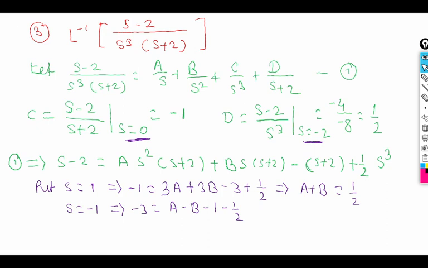So this gives us the value for a minus b, which is minus 3 by 2, and if you take the other side, it is minus 3 plus 3 by 2.